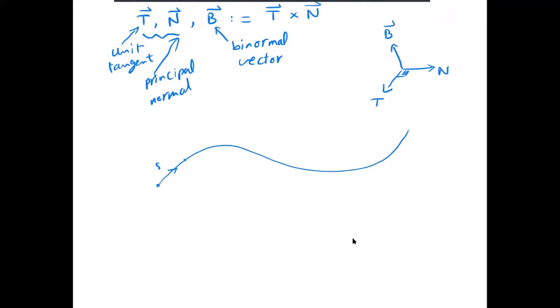We differentiate T to get T prime and divide it by the magnitude of the derivative. Where is B? B is a third unit vector perpendicular to both T and N. At every point, we have this situation.